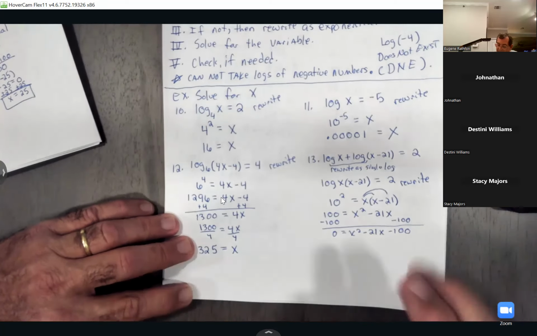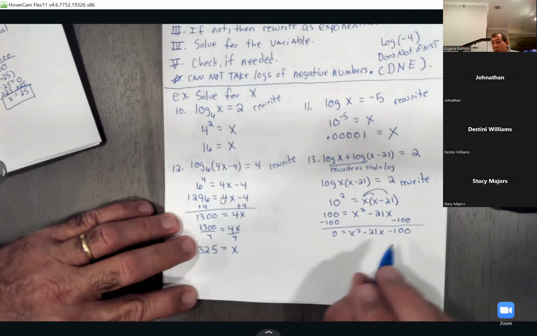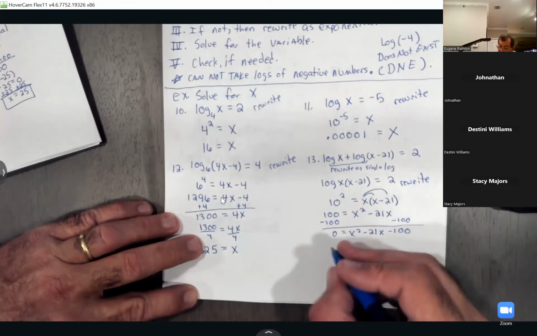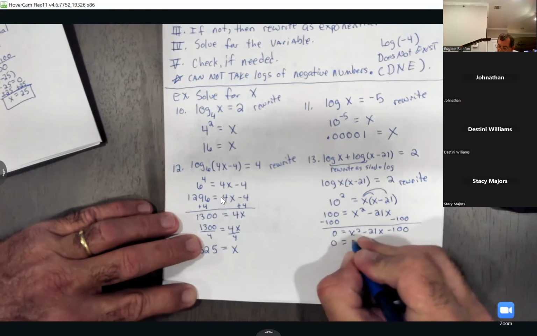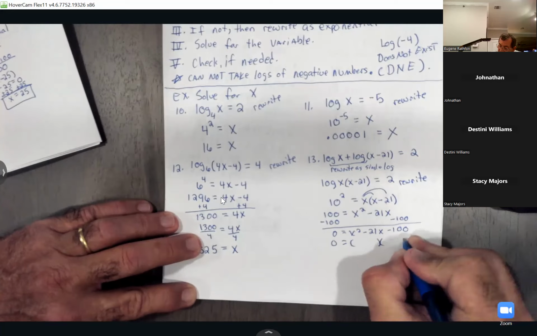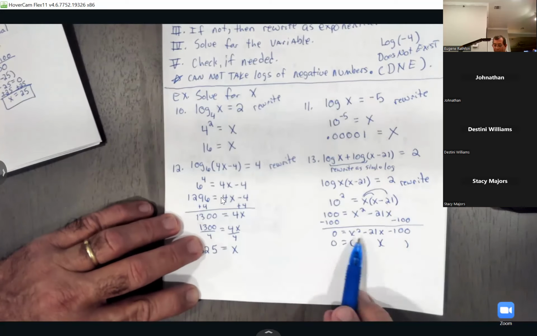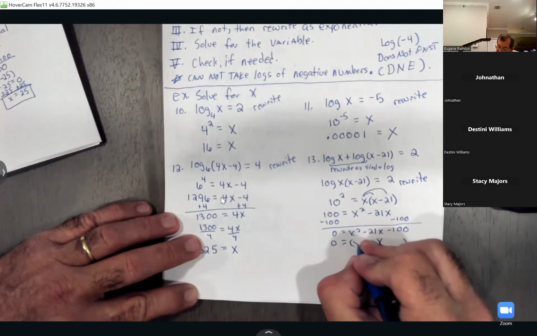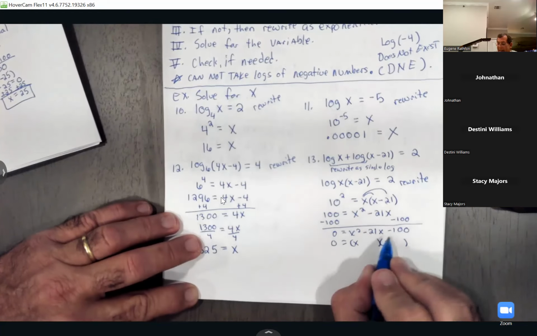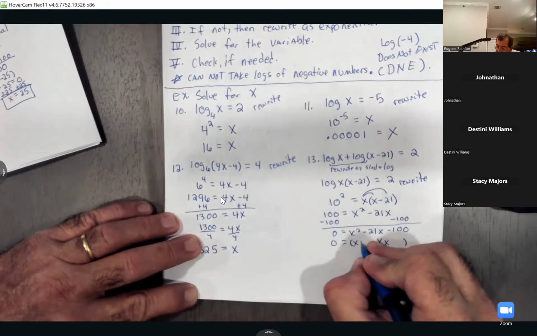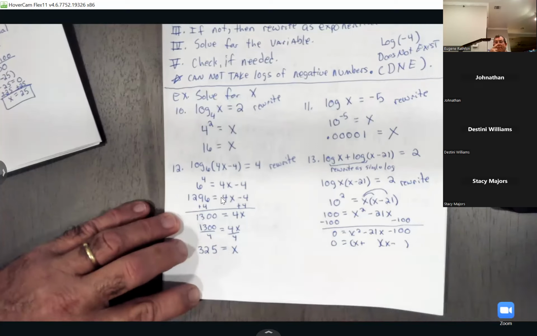At this point, you can do the quadratic formula if you want to. But y'all, I sort of like factoring these. So I'm just going to factor it. I got an x squared. That's an x and an x. That last sign's negative, so you got a plus and a minus.